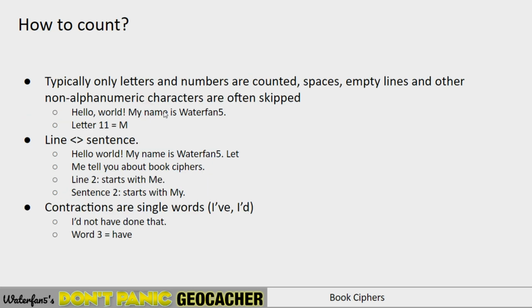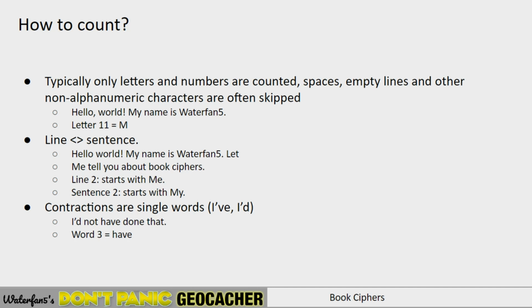Now, one more thing, just a couple of standards, like how to count, right? So typically, and again, this is typically, not always, it's up to the cache owner's discretion what they use. You typically only count letters and numbers.